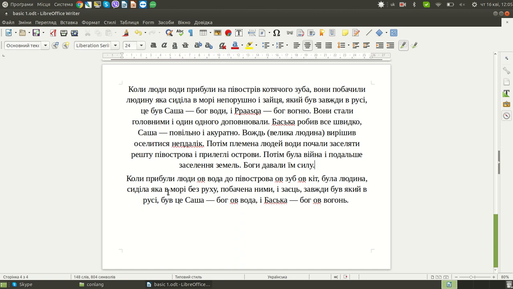You understand? Because I don't know the word that I used in Ukrainian. Like they added the traits to each other, like this. So Baska did all the things very quickly, and Sasha did them slowly and carefully.